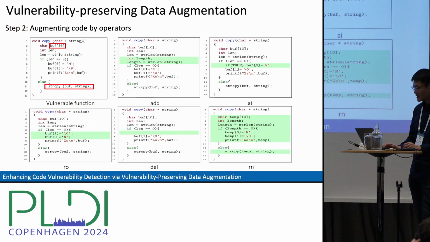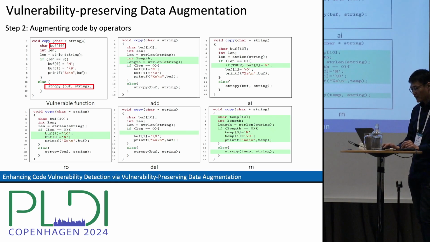Through the slicing algorithm, we can obtain a list of vulnerability-related statements, and then we define 5 types of mutation operators to augment the data based on the vulnerability-related statements and the vulnerability-unrelated statements. The add mutation aims to rename the identifier in an assignment statement and add them back to the function.